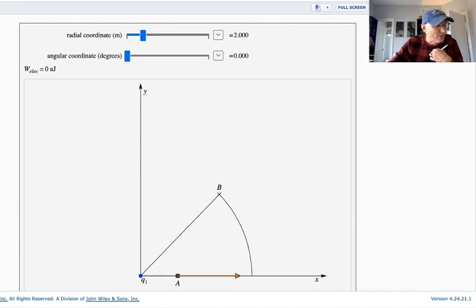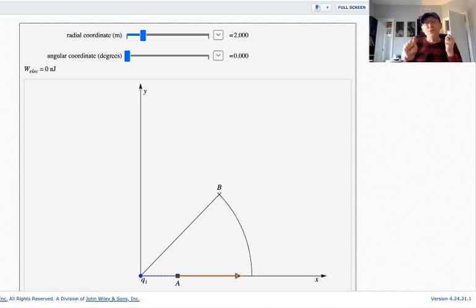It's at a radial distance of 6 meters at an angle of 45 degrees from the x-axis. So we're going to move our particle 2 from A to B. It will be moved while it's in the electric field of particle 1.